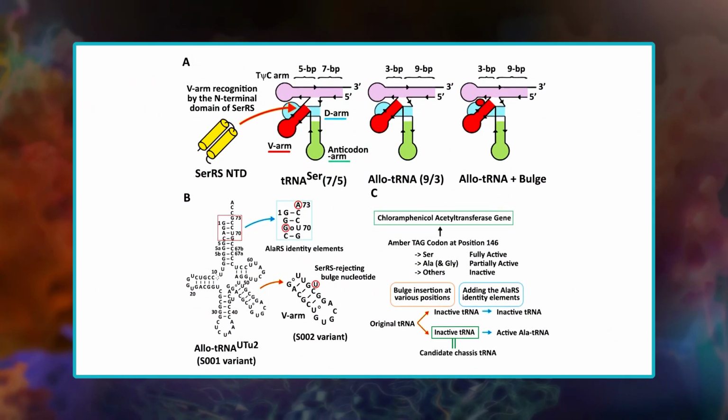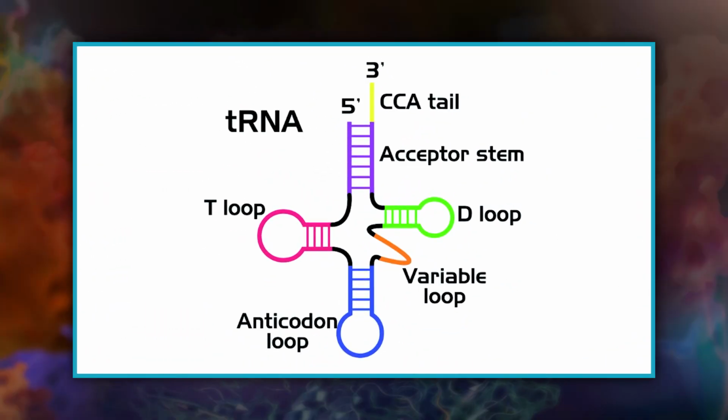The stems of the acceptor arm and T-arm are found to have 7 and 5 base pairs respectively to give the canonical 7/5 configuration. Occasionally, a base pair mismatch is found in the acceptor stem, which does not disrupt the conformation of the helix. Furthermore, the acceptor arm has 4 3' terminal residues which are not base paired: the discriminator base and the CCA tail.